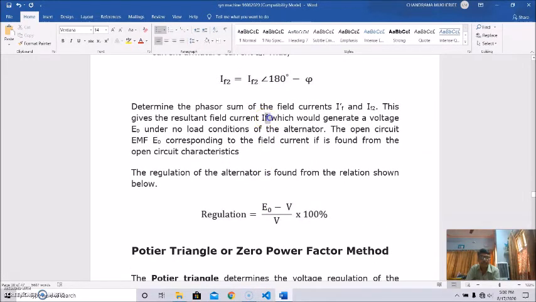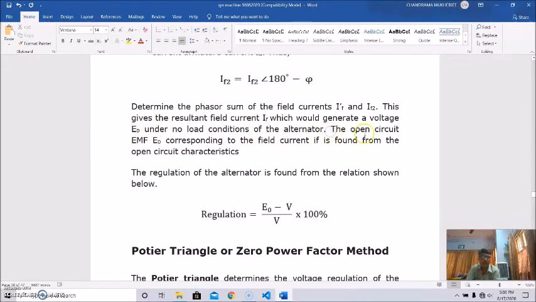The required field current IF generates a voltage E0 under no load conditions of the alternator. So basically this is the E0 under no load conditions.